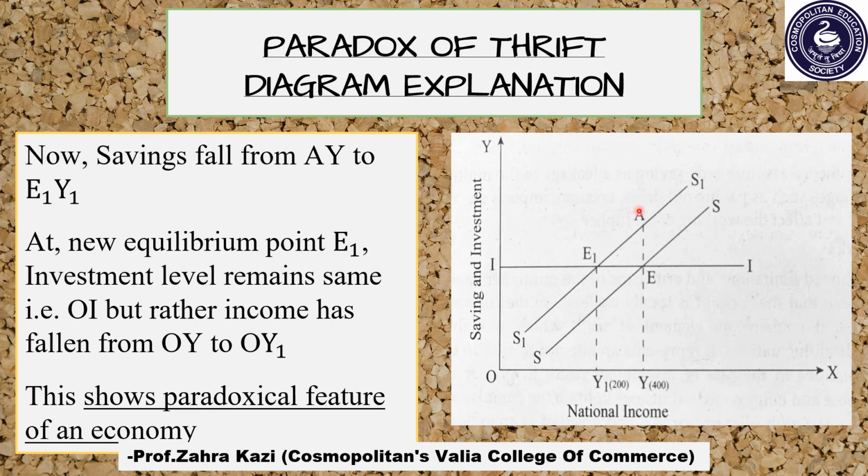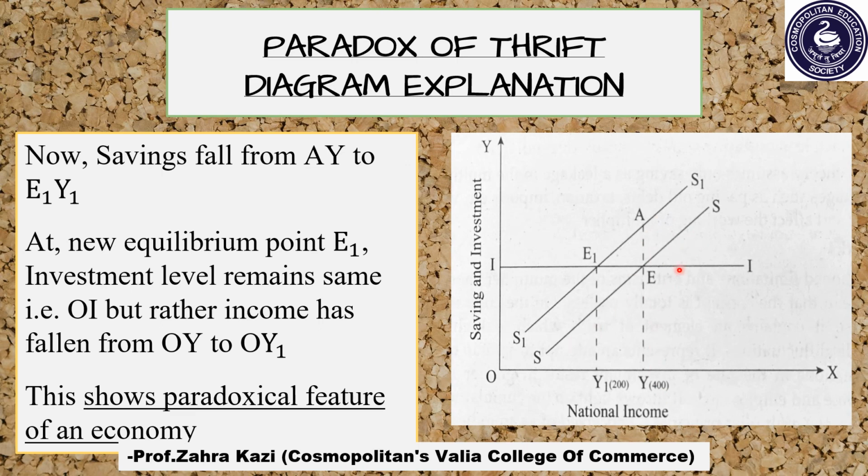The initial increase in saving was AY, but S1S1 intersects the investment curve II at point E1. So if you observe now, at point E1 the actual saving level has reduced. The initial saving level was AY.